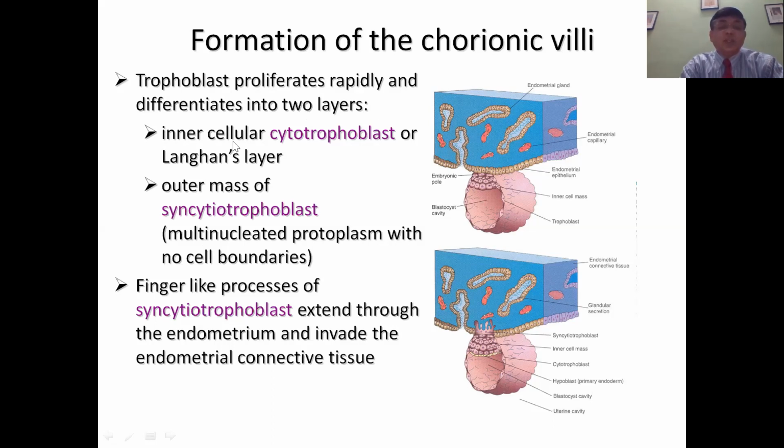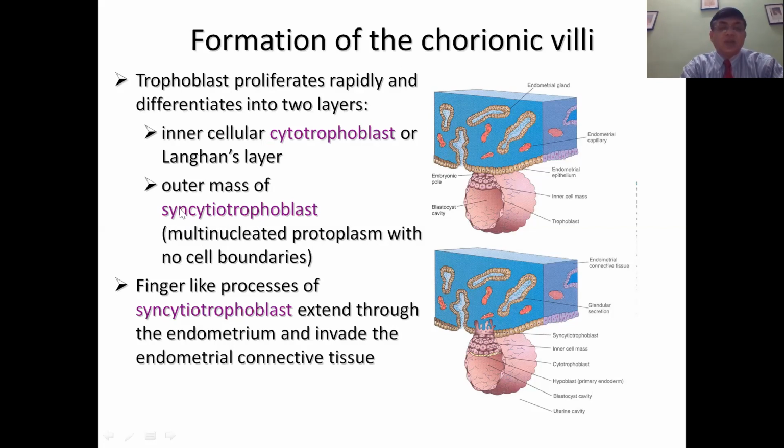So this inner cellular layer is called as cytotrophoblast, or also called as Langhans layer. So the inner cellular layer is cytotrophoblast, and the outer mass of this layer is called as syncytiotrophoblast.